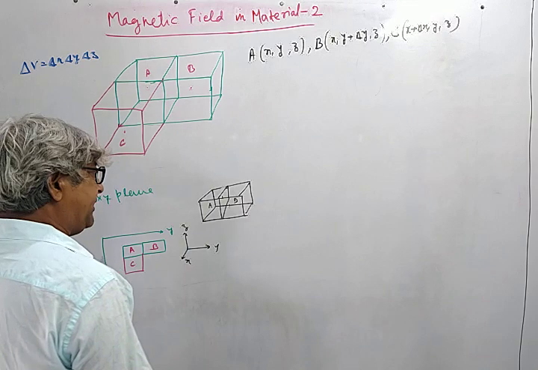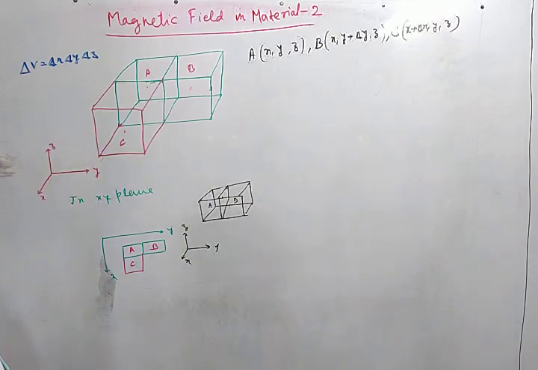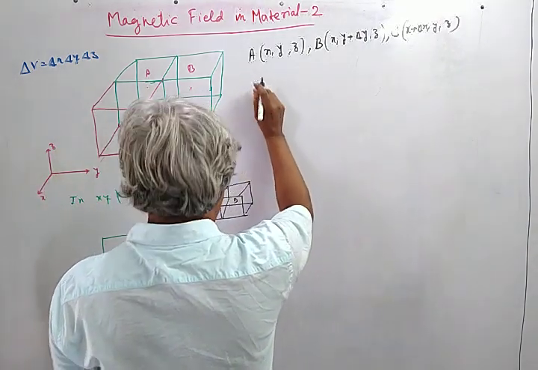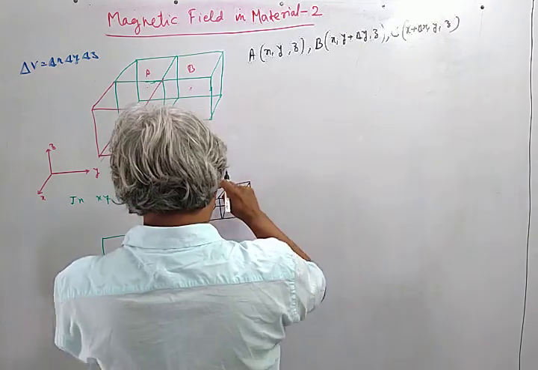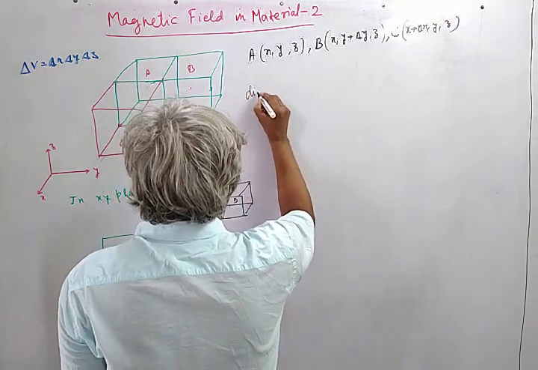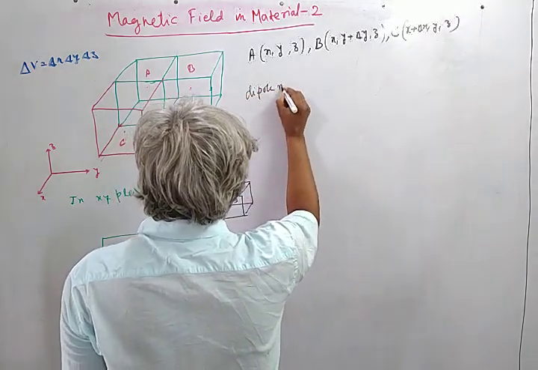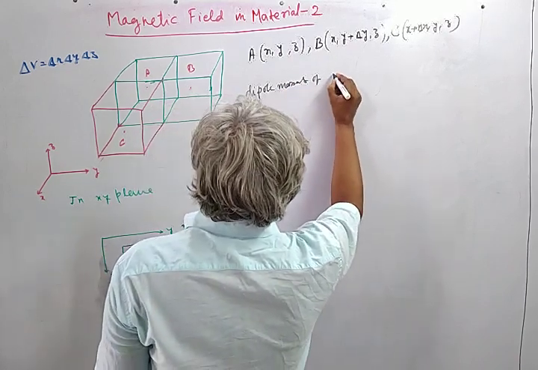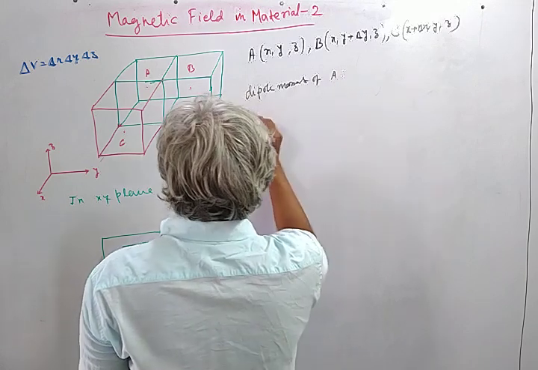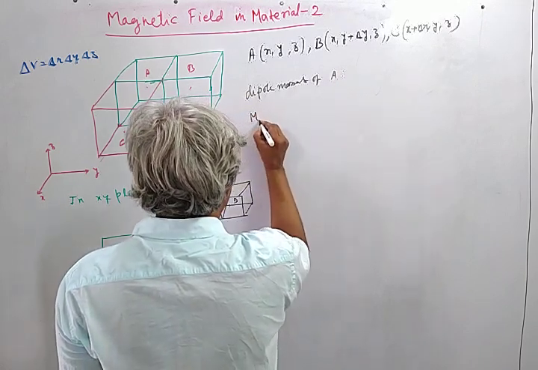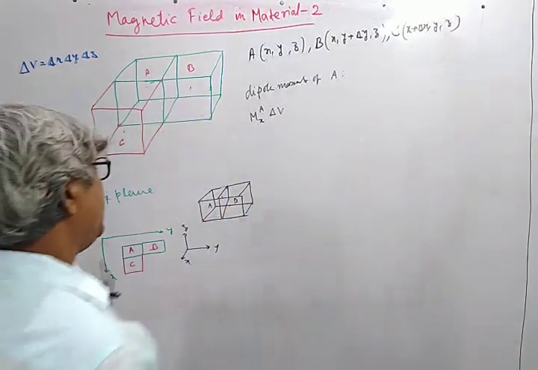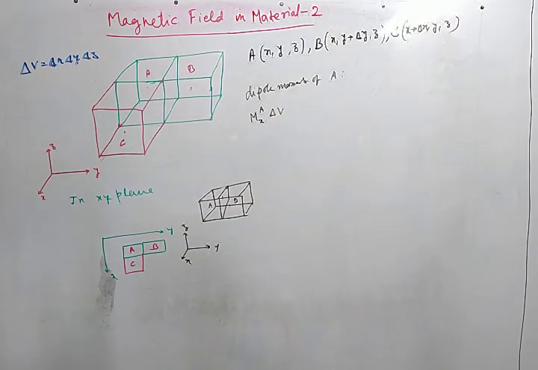The magnetic moment that is of concern is the x component. So we write the dipole moment of a volume element as m_xA delta V, because M is the magnetization vector.